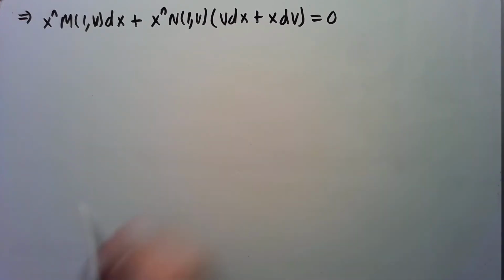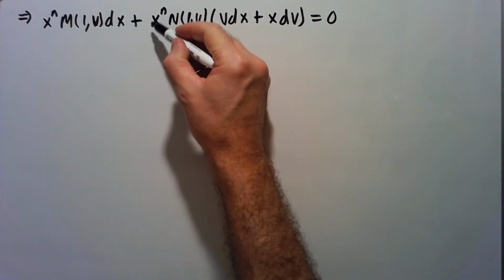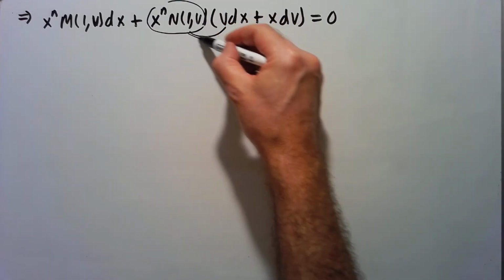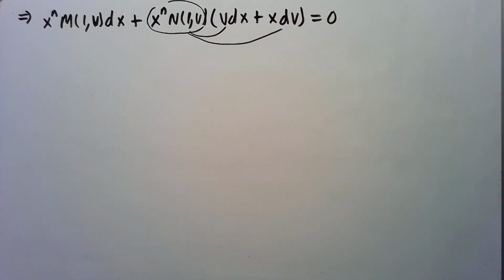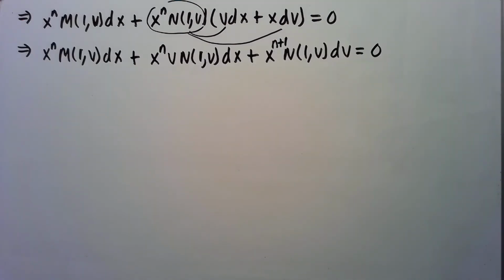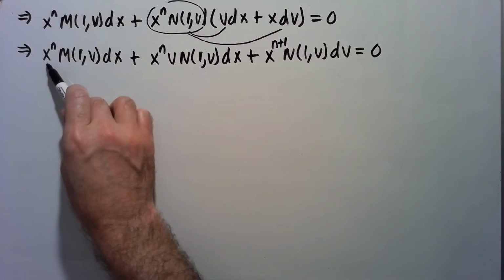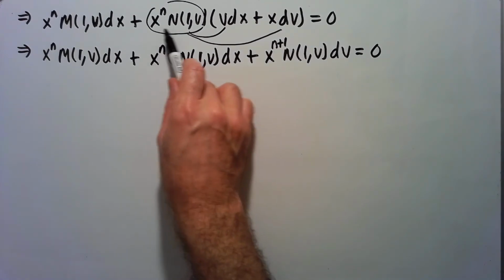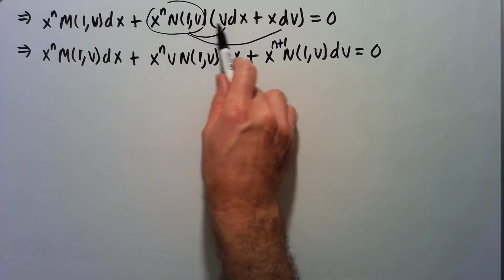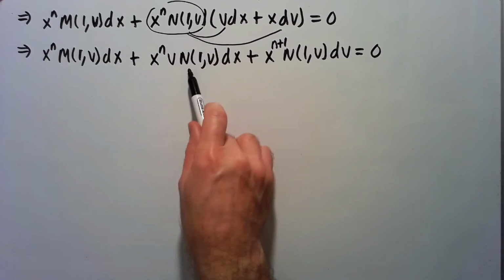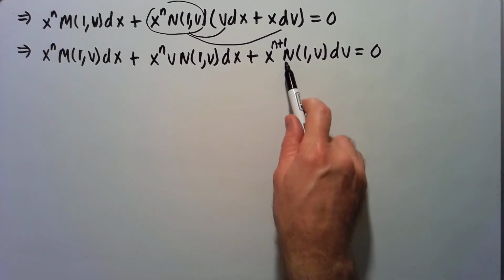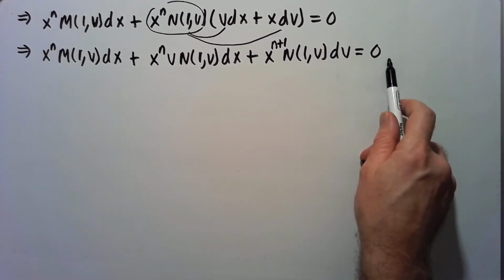Now I'm going to multiply this guy with that and with that. So doing that, we have x to the n M(1, v) dx plus, multiplying this guy here, x to the n v N(1, v) dx. And multiplying this with that would be x to the n plus 1 N(1, v) dv equals 0.